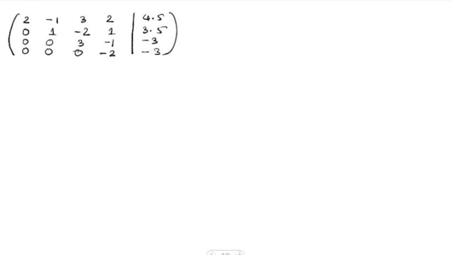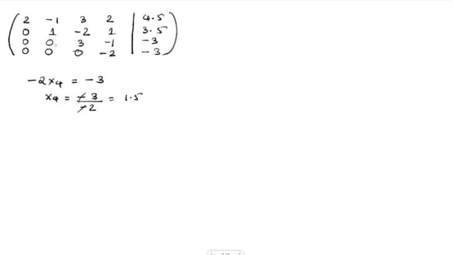So let's start from the last row here, because this is having the maximum zeros. So we have minus 2 times x4 is equal to minus 3. And then we can say x4 is equal to minus 3 divided by minus 2, which is 3 divided by 2, which is 1.5.